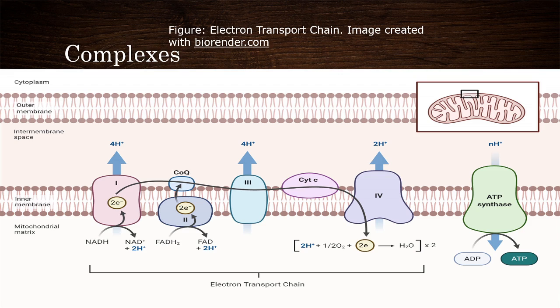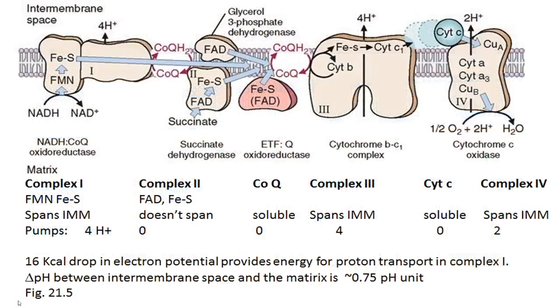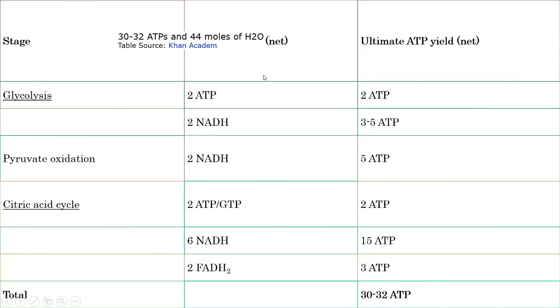The electron transport chain is the final and most important step of cellular respiration. So that was the significance of the electron transport chain.